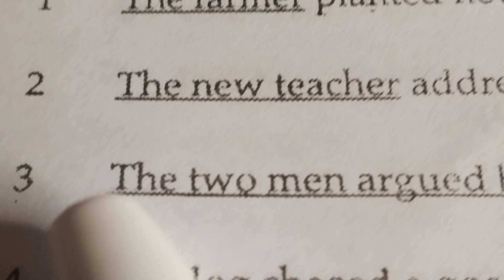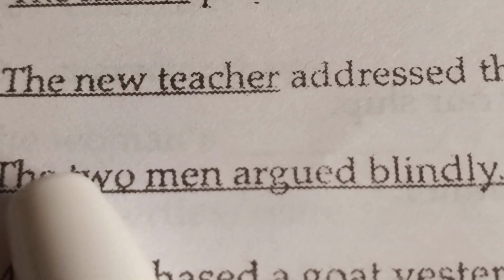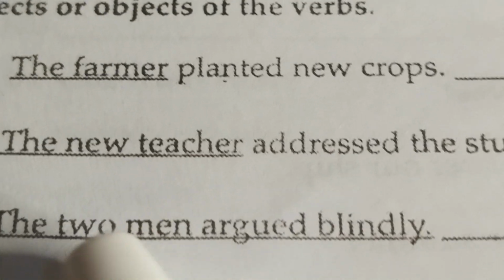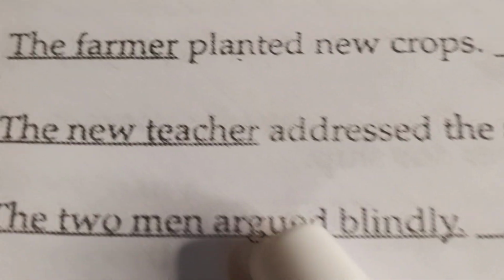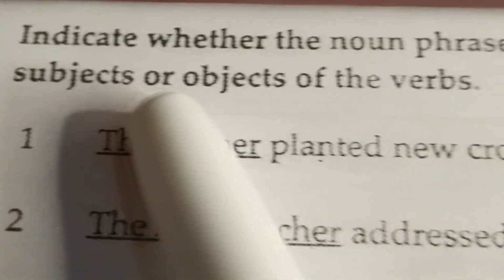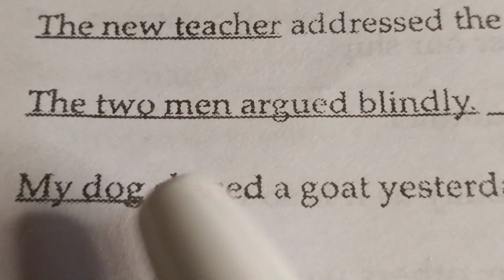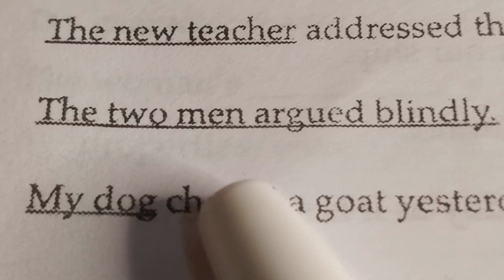That's the assignment. Number three again: "the two men" is the subject and also the noun phrase. It comes before the verb, so it is the subject of the verb. The last one is "my dog chased." Chased is a verb.